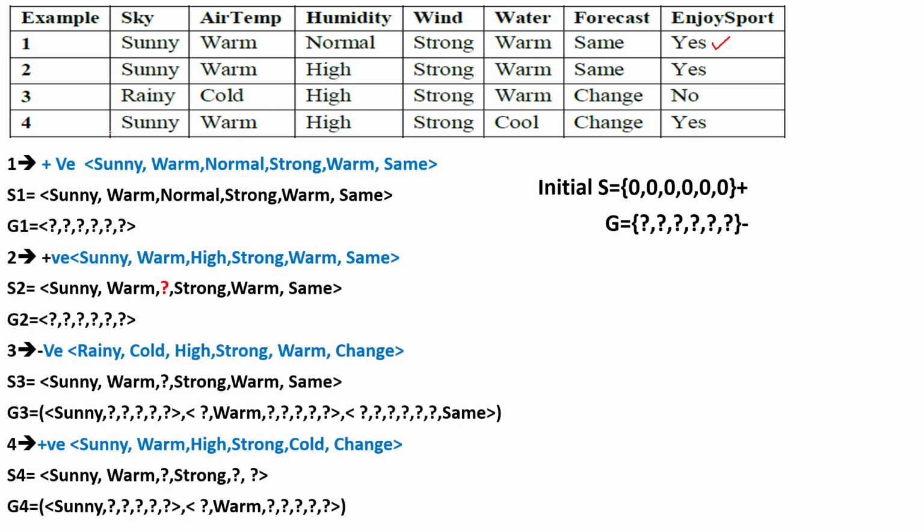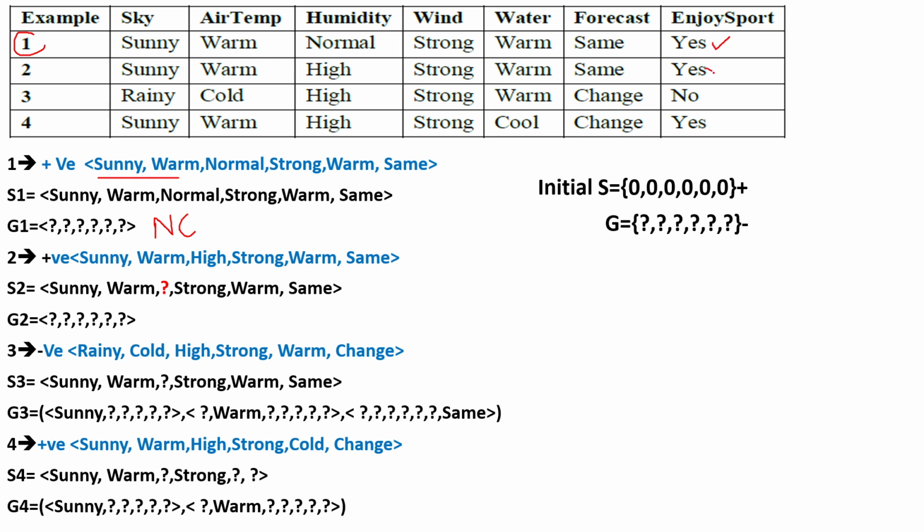The example is positive, and these are the values in that first example: sunny, warm, normal, strong, warm, same. Since in the initial case the values were 0, 0, 0, that has to be replaced by these parameters. So no change in general. This general hypothesis has no change, no modification is done for a positive example.